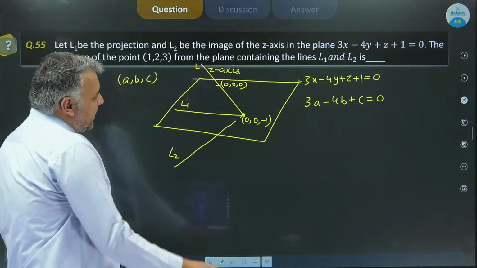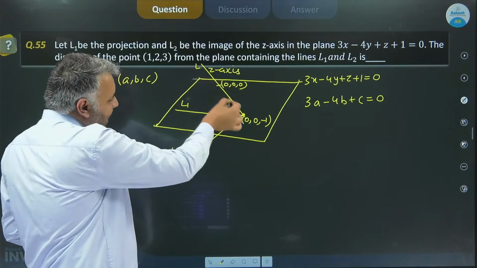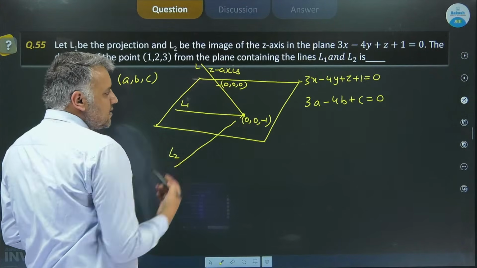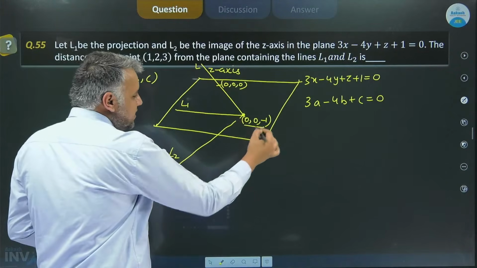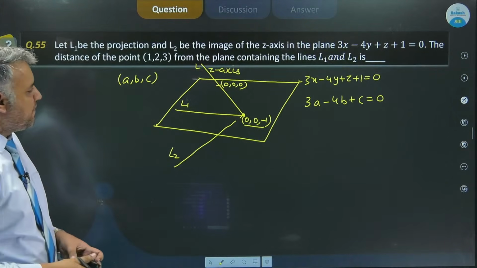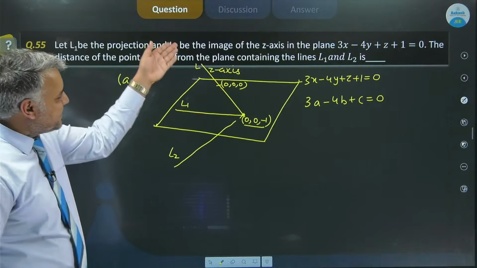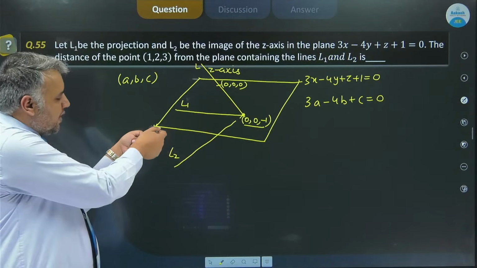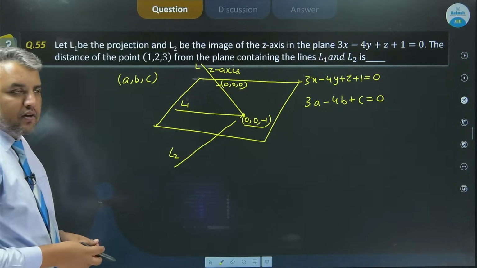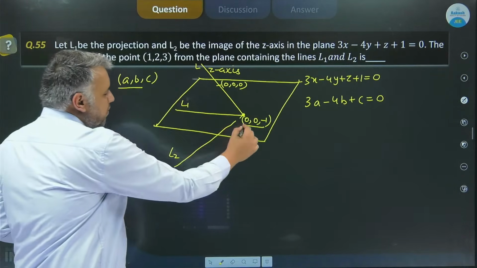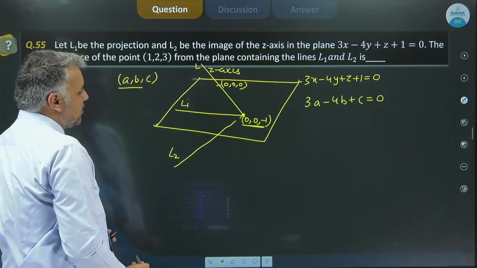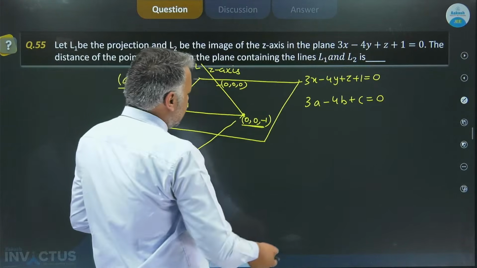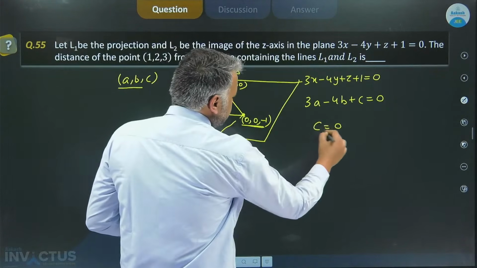So the direction of this line or Z axis can be represented as 0, 0, minus 1. And if the required plane contains the Z axis, if a plane contains a line, then the normal to that plane is also normal to that line. So that means ABC is also normal to this 0, 0, minus 1. So from here we can say that C is equal to 0.